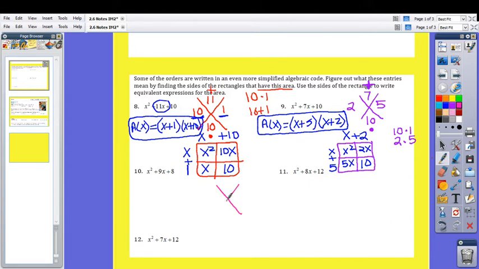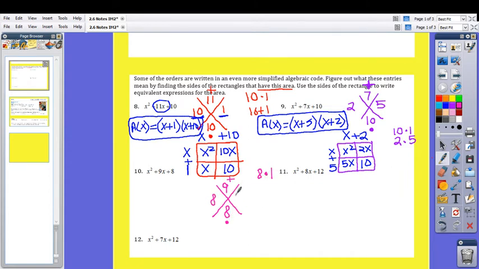Okay, let's do next one. So again, this 9 will go here, 8 will go here. You are finding out two factors of 8, that if you multiply you get 8, if you add you get 9. So again, if you think about it, 8 times 1 gives you 8 and 8 plus 1 gives you 9.